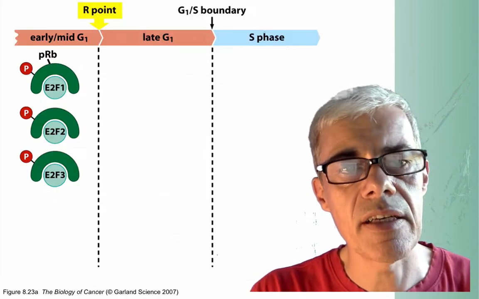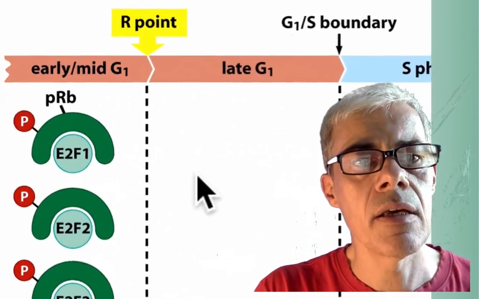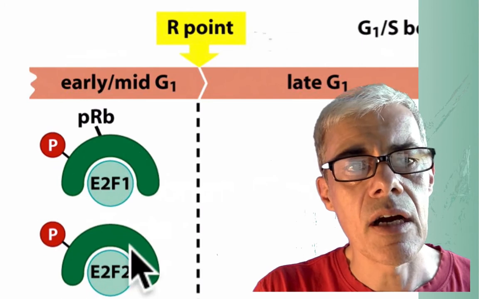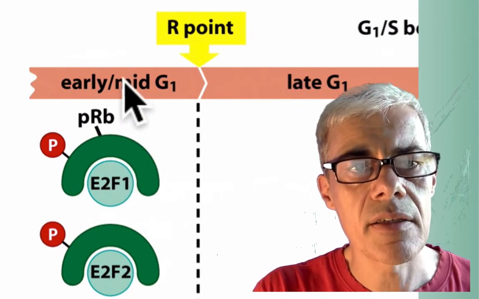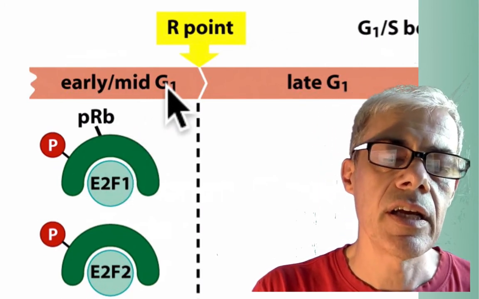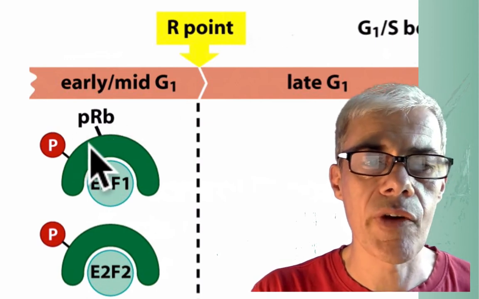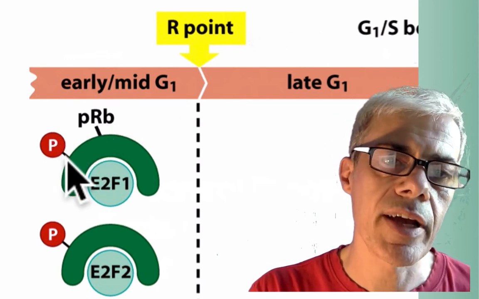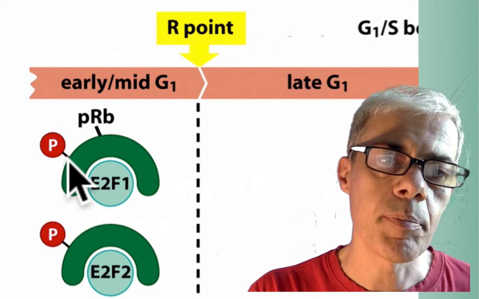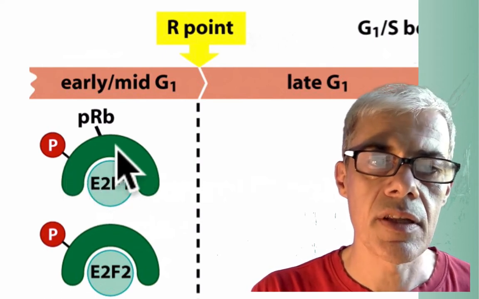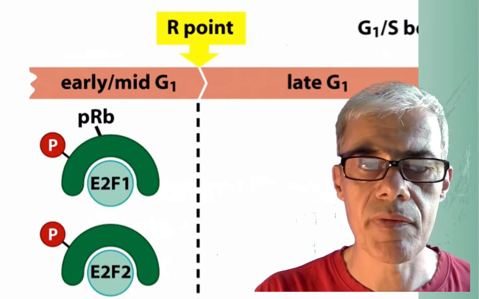So this is a schematic just repeating what I was saying. In early G1 phase, retinoblastoma protein is hypophosphorylated, so it's lightly phosphorylated, and in this state it binds to and sequesters the E2F family of transcription factors.